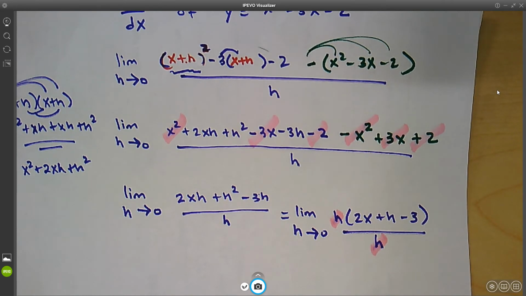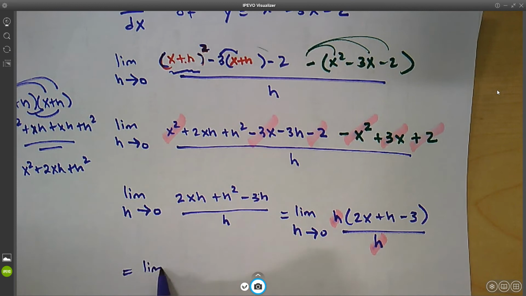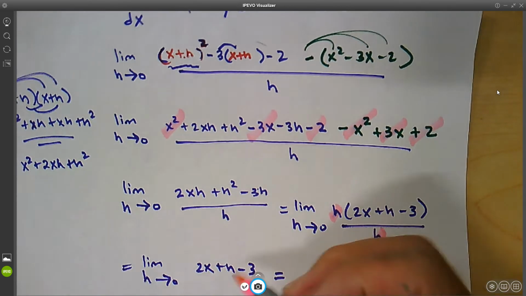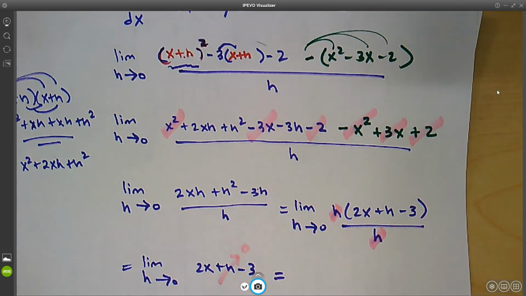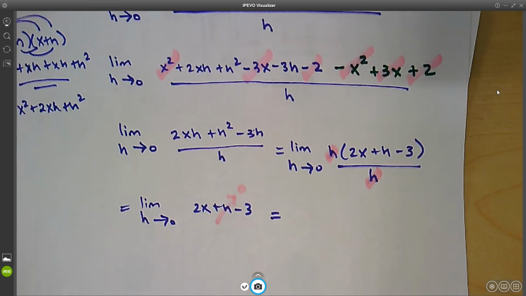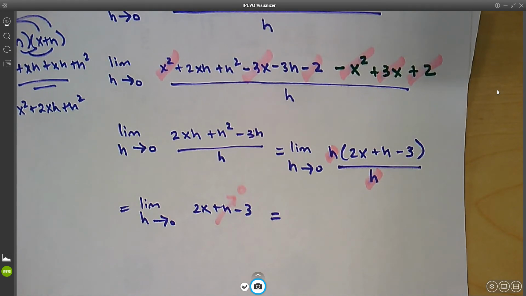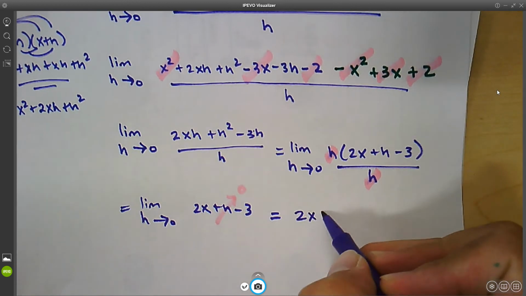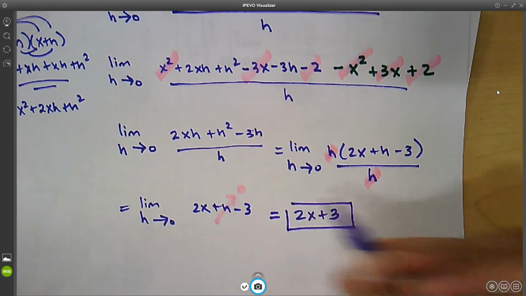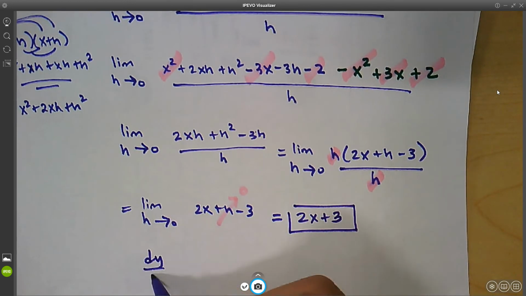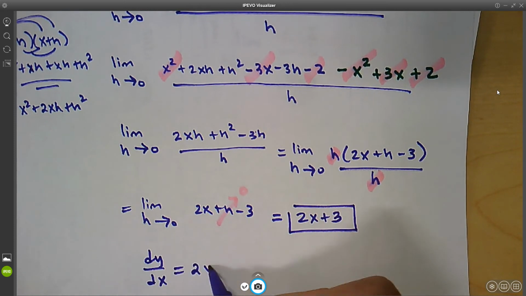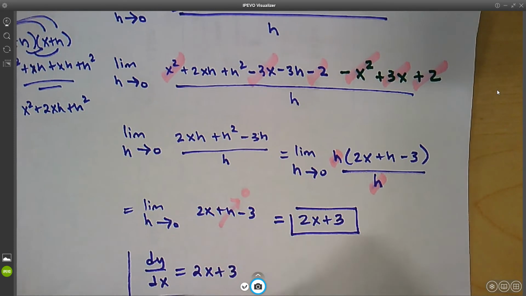You just have the limit as h goes to 0 of 2x plus h minus 3. Okay, h is what goes to 0, not x's. So what remains? 2x minus 3. That is your answer. Okay, so say dy dx is equal to 2x minus 3.